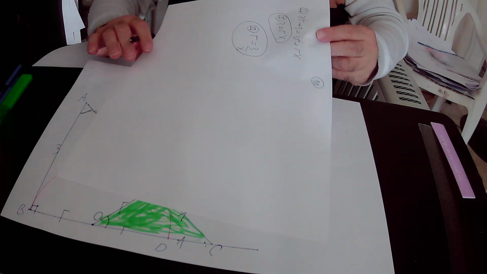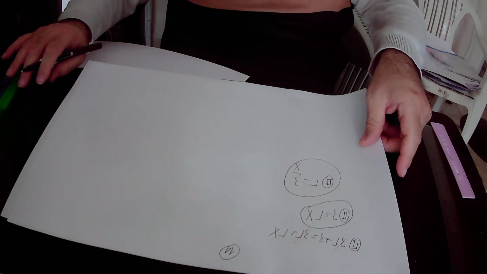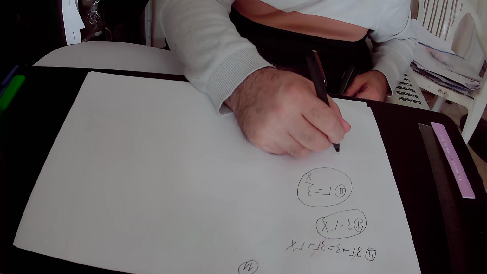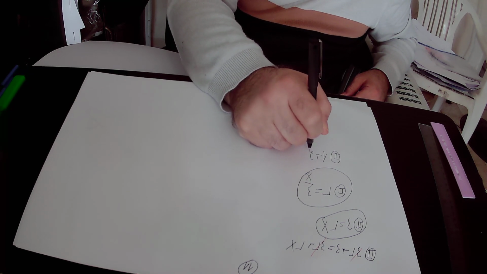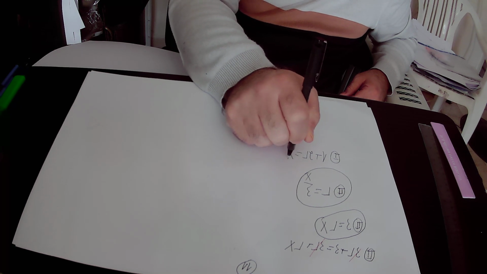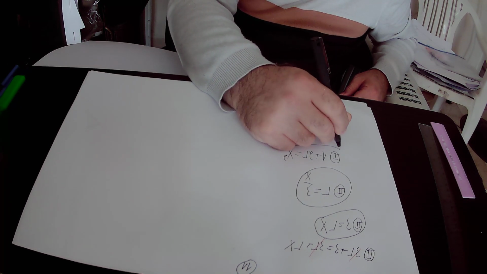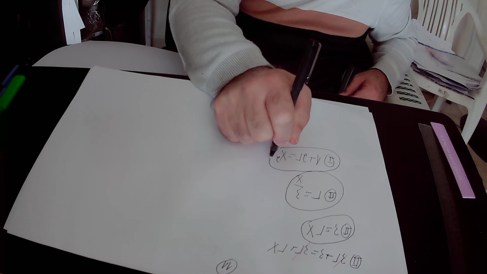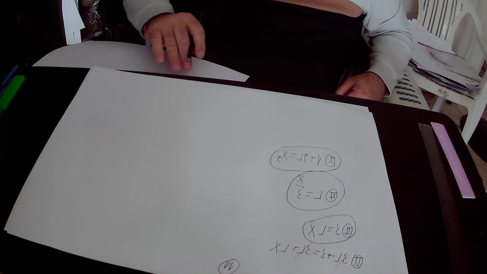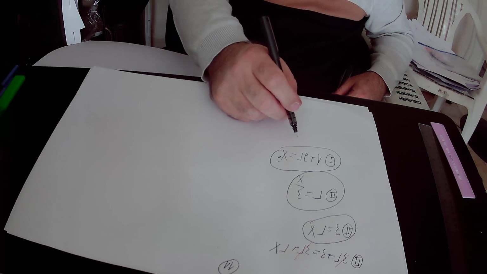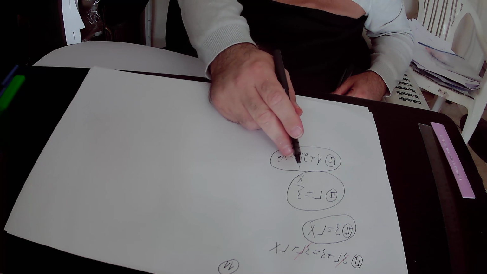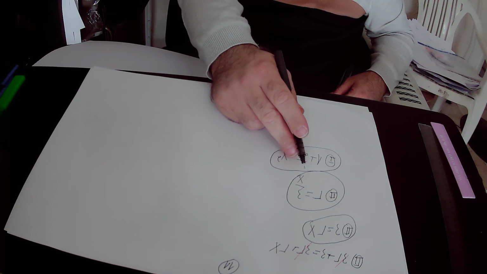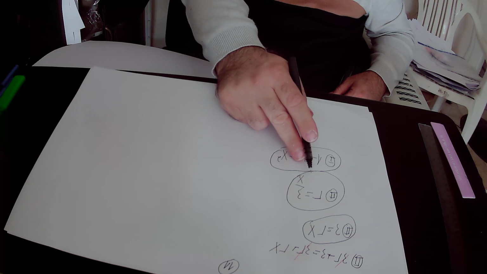This is according to equation number 2. But according to equation number 1, we have already found out that 1 plus 2r equals x squared. So here we can substitute r in equation number 1 by 3 over x, because r equals 3 over x according to equation number 2.